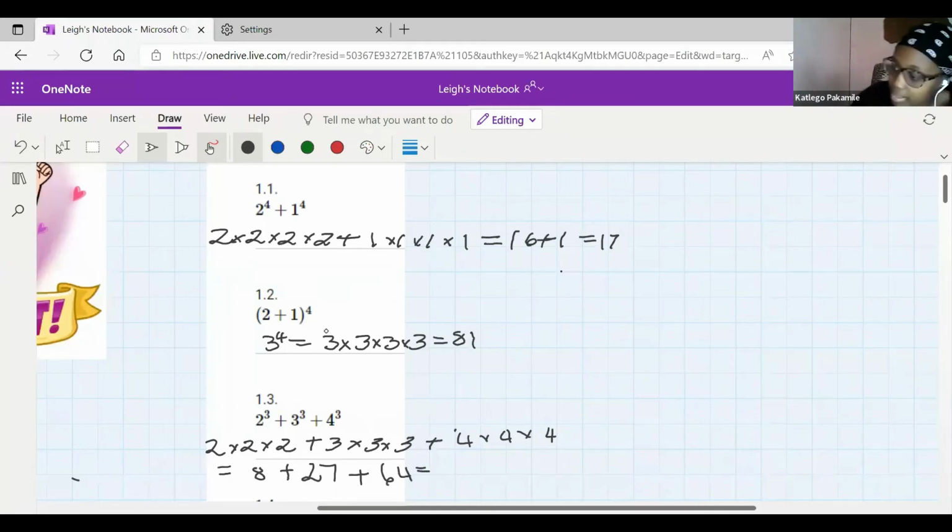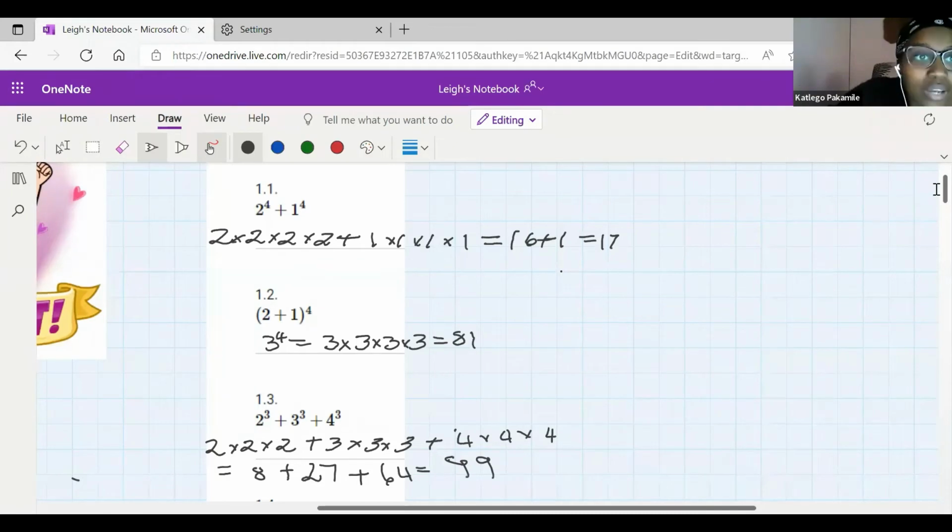And then when we add them, you get 99, ma'am. Plus 8. Are you sure? Yes. 27 plus 8 is 99. Thank you very much, Patson. Thank you, ma'am. Okay, so we're moving on.